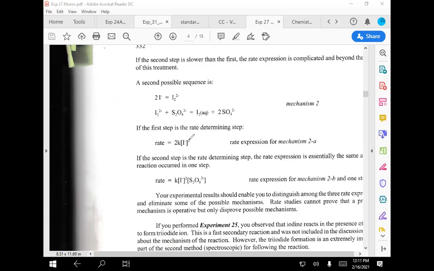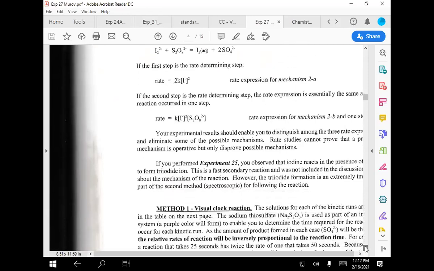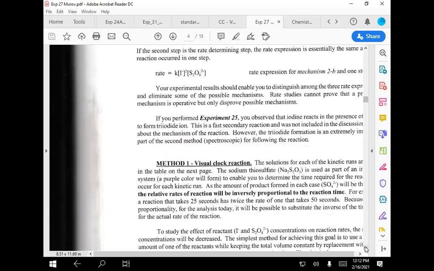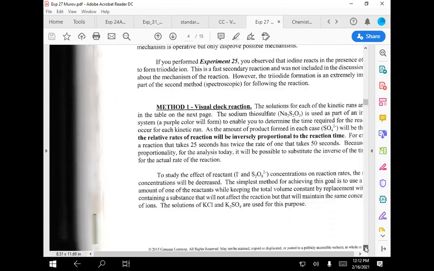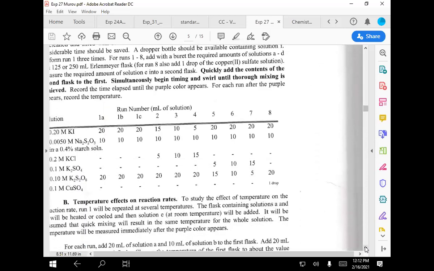But if it was second order in iodide, or second order in iodide and first order in thiosulfate, we should be able to tell this from our data. We should get the same rate law this time that we got with our visual. So the rate law does not change. However, you're going to have to justify it. We already did the method 1. So that one is done.